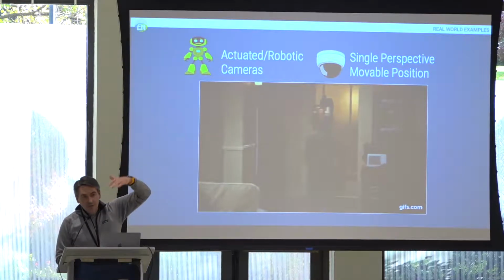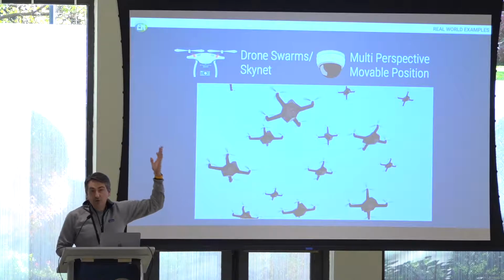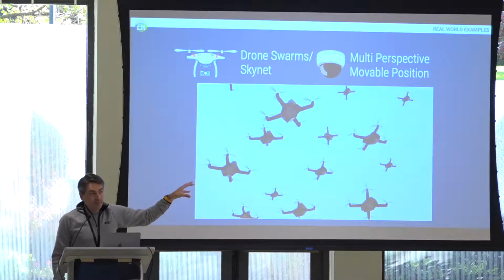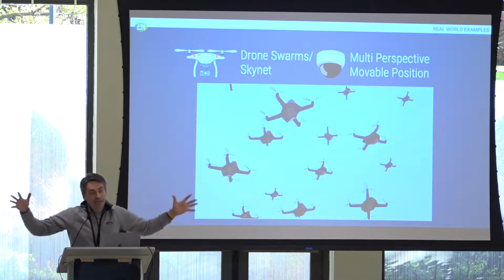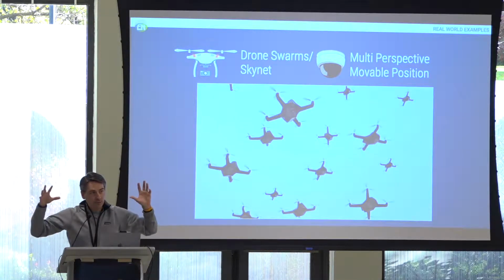You can take this to an extreme, and what we have is drone swarms, right? Each independently movable, and each with its own perspective. The military does this on a daily basis, right? You're surrounding an object to get every vantage point you can, each individually movable.